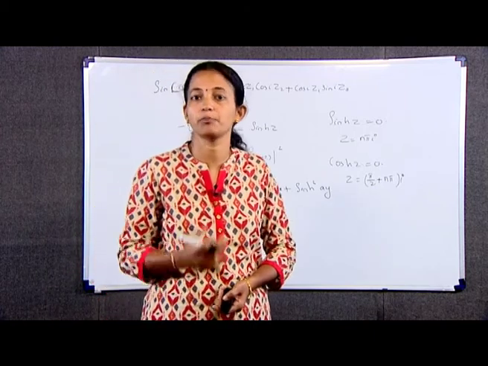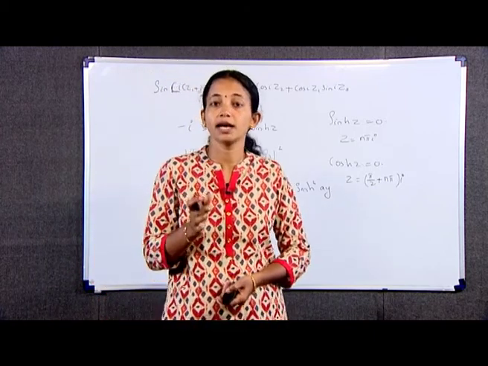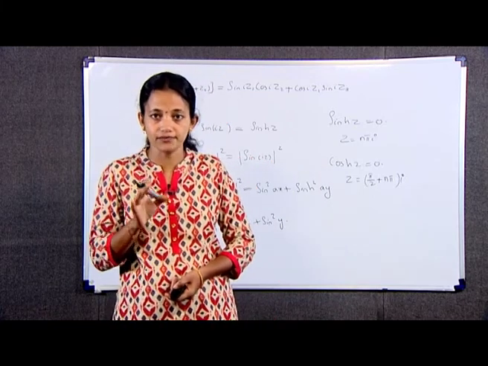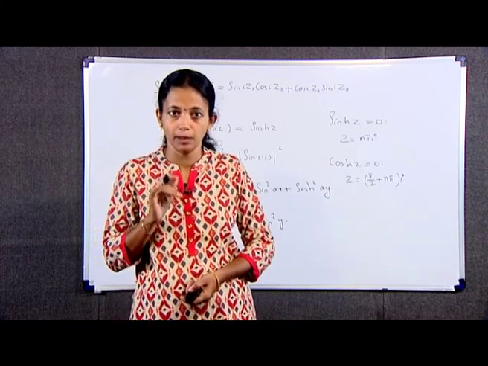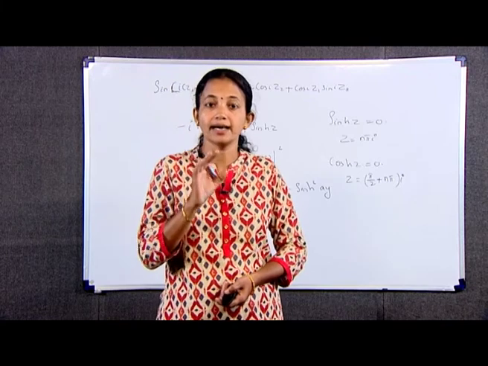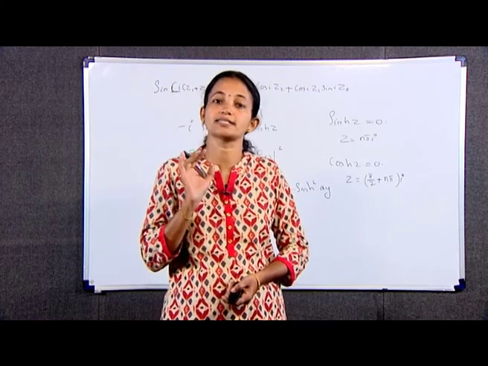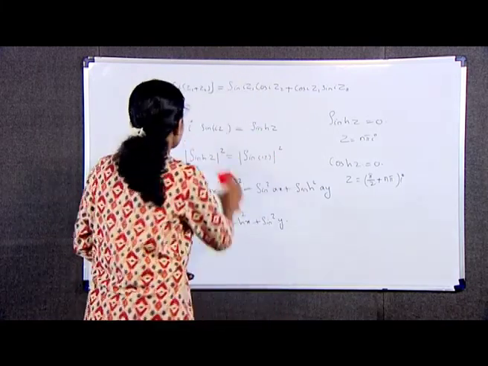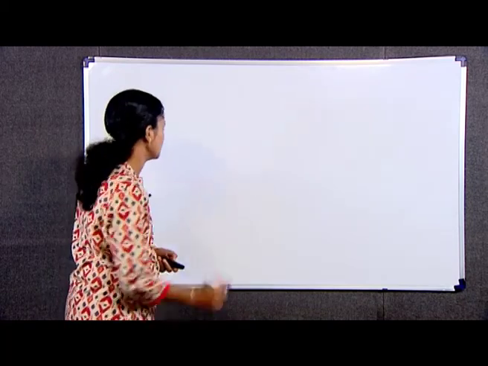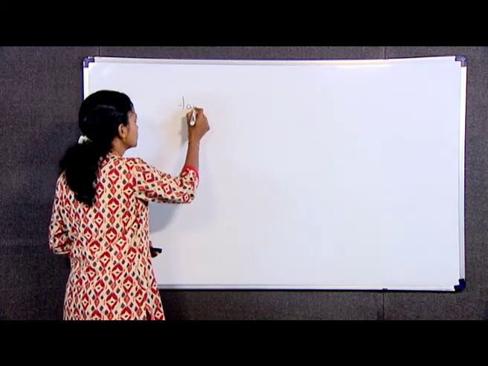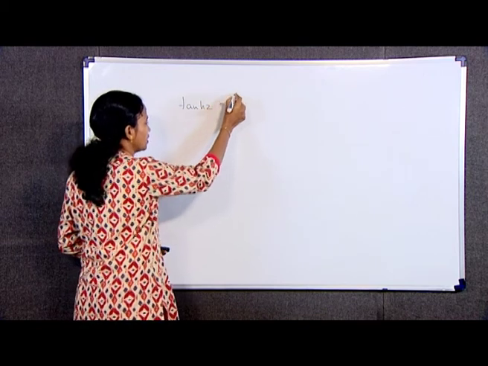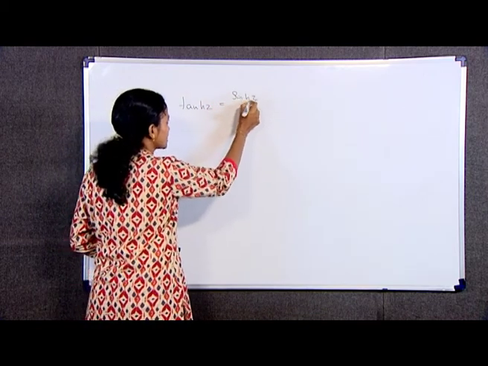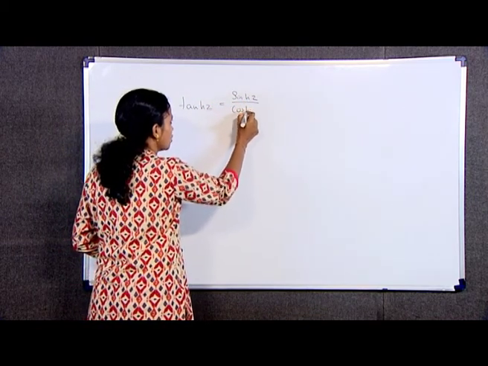Next we have other hyperbolic functions. The hyperbolic tangent of z is defined by means of the equation tanh z is equal to sinh z by cosh z.